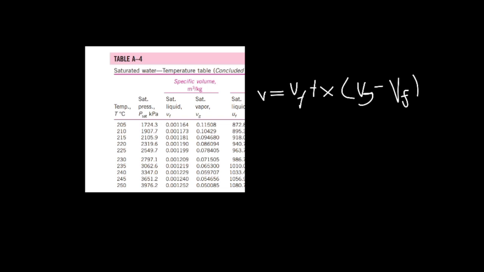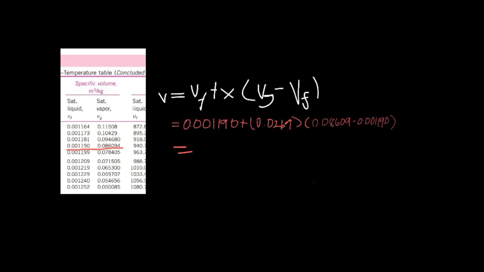These are the values of the specific volume of saturated liquid and the specific volume of saturated vapor. Since we already have the given, we're going to input it. Our specific volume of liquid is 0.001190, plus the quality x, 0.0269, times our saturated vapor, 0.08694, minus 0.001190.